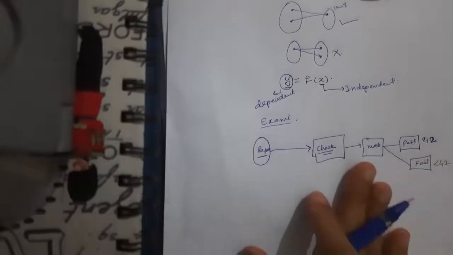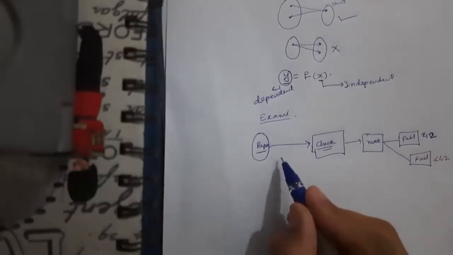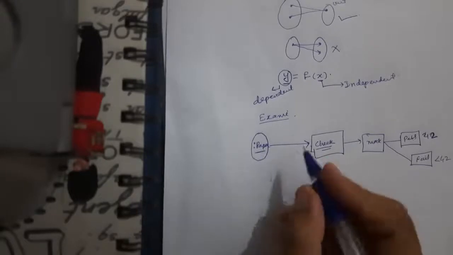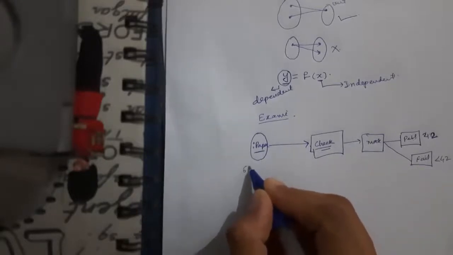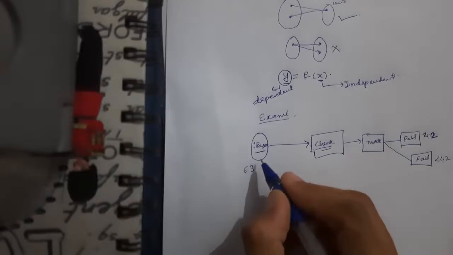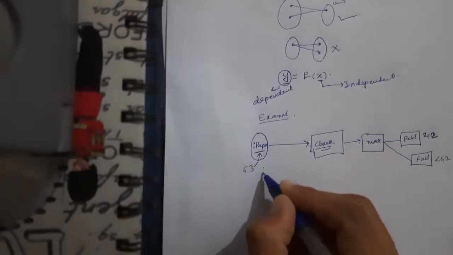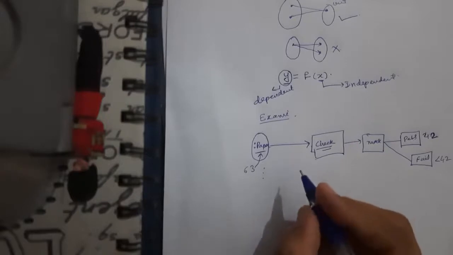So this is a function again. Your paper is the input and pass or fail is your output. Suppose we have 63 students in our class, so all these 63 papers are the distinct values of x, the distinct values of input.